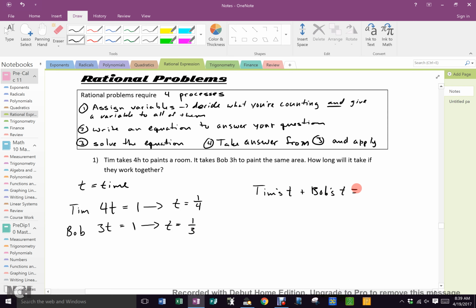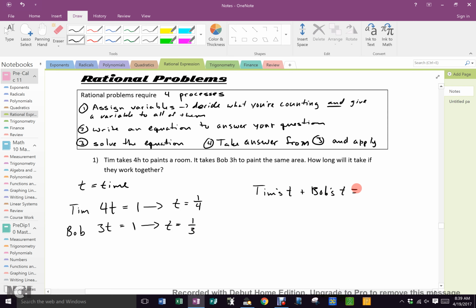What is Tim's time? 1/4 times T. Agreed? Because he's going to paint a quarter of the room in one chunk of time, yes? What's Bob going to paint the room in? 1/3 of T. And it's going to equal 1, yes? Have we got our equation?